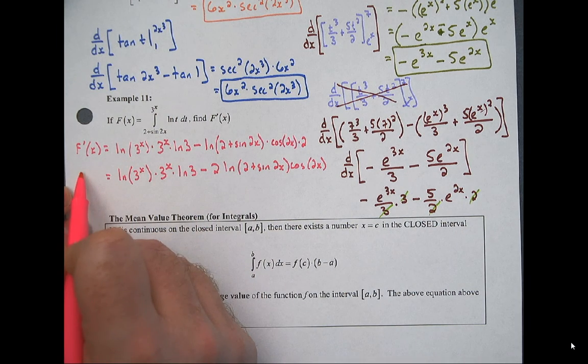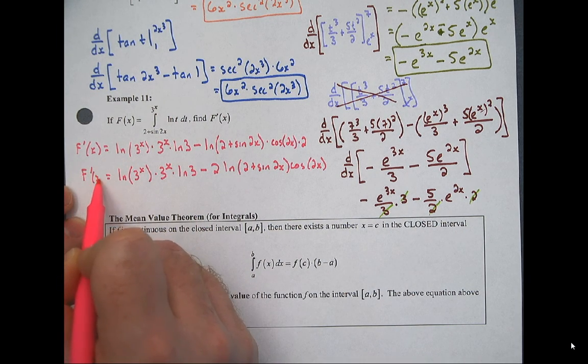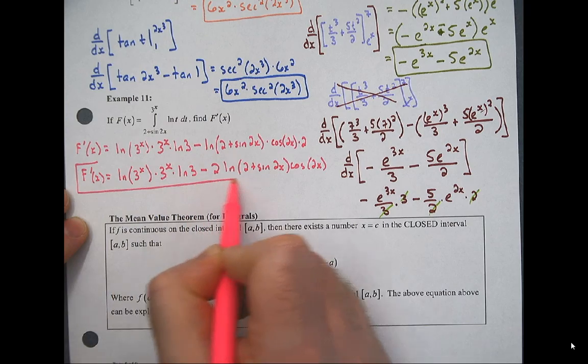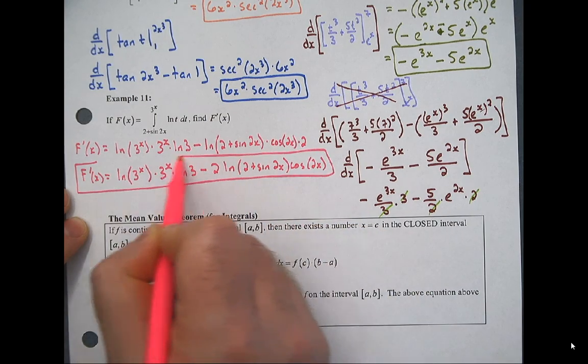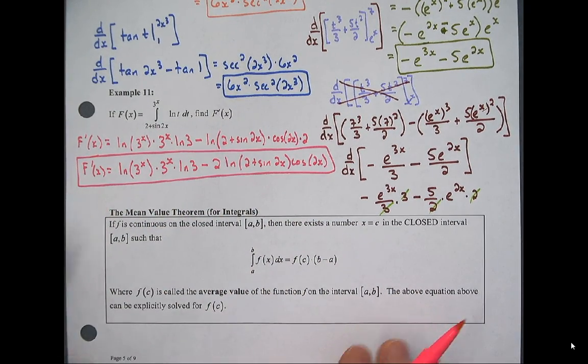Not our prettiest answer of all time. But this is a free response question, so why bother cleaning it up? You could have just left it as that if it's free response. Don't clean it up at all.